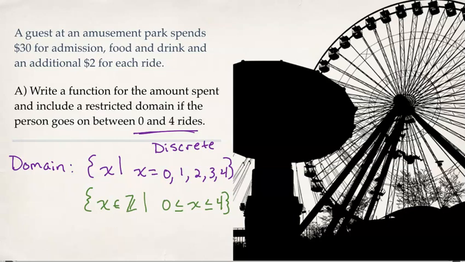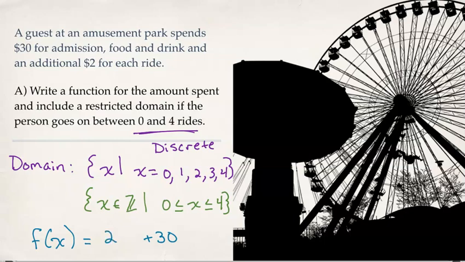All right, so now let's write the function. This is a classic mx plus b situation. I have $30 that I'm starting with. That's my y-intercept, right? That's my starting point. And then I am increasing by $2 for each ride.